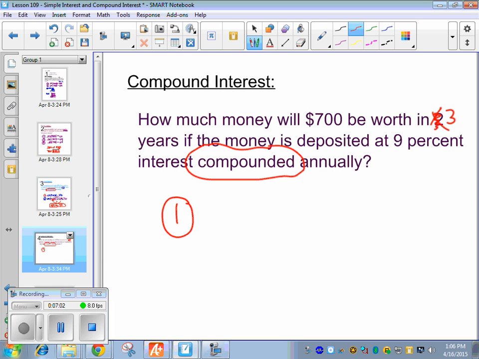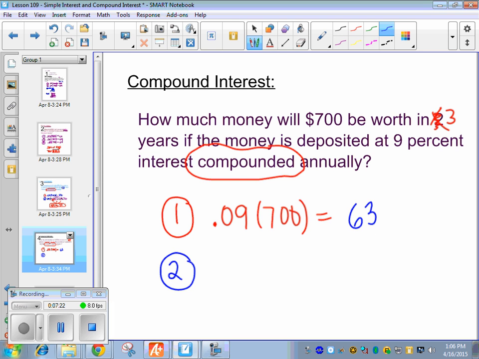Kendra, what are we going to do for year 1? Very good. Okay. And Randy, what is that amount? Yeah, $63. That's how much we made in interest on year 1.